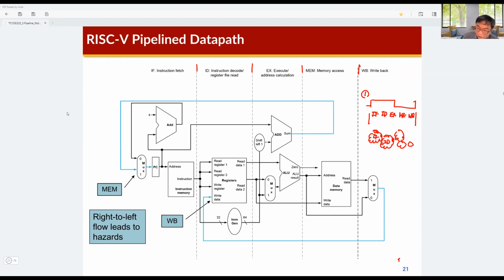Those are connected to each other like this, and the operation of these hardware components is done within one clock period. Do you understand what I said?